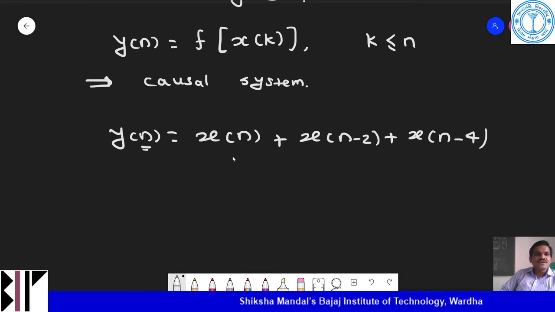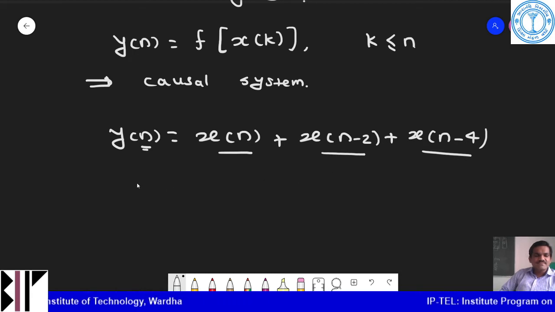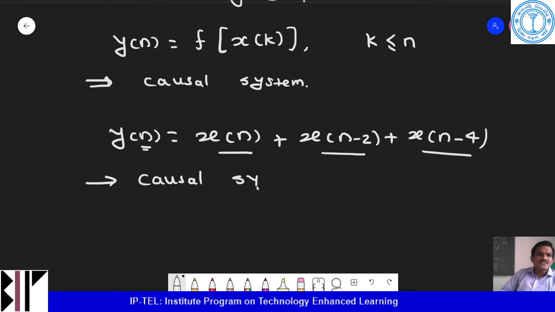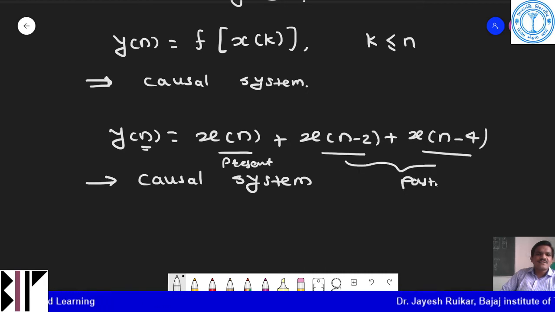This is the present sample, and x of n minus 2 and x of n minus 4 are past samples, so it is a causal system.